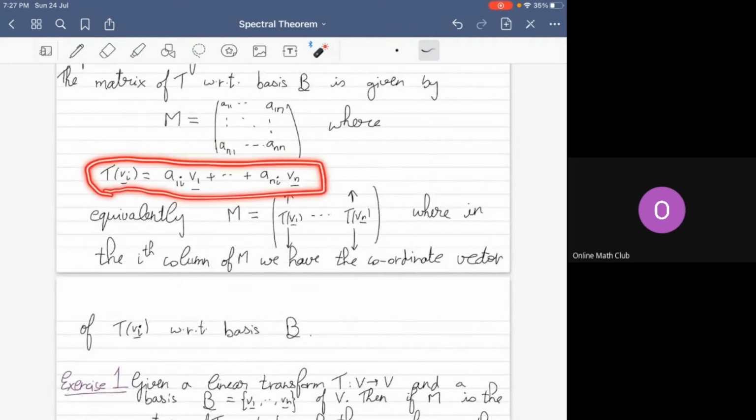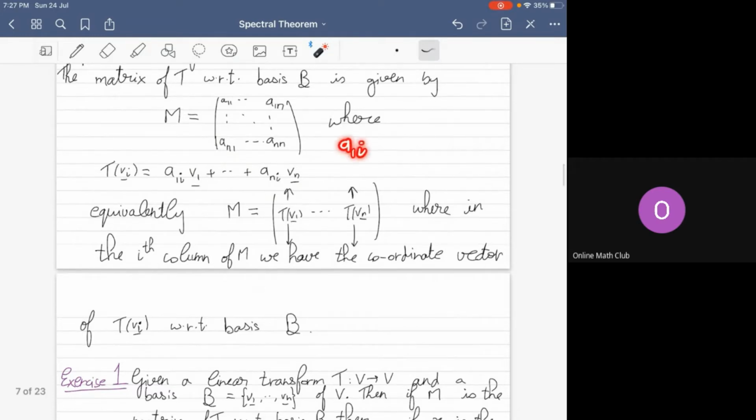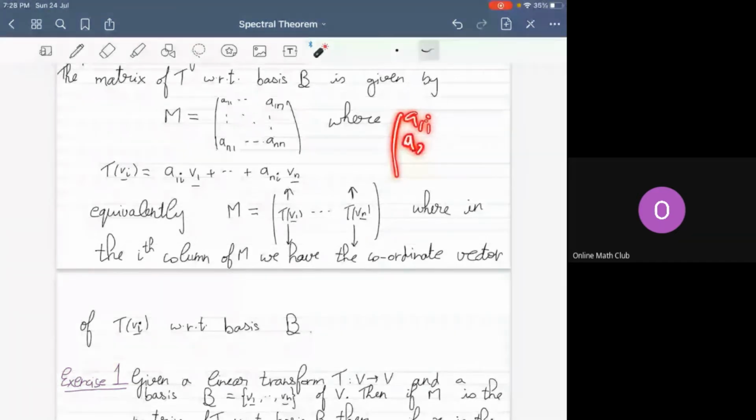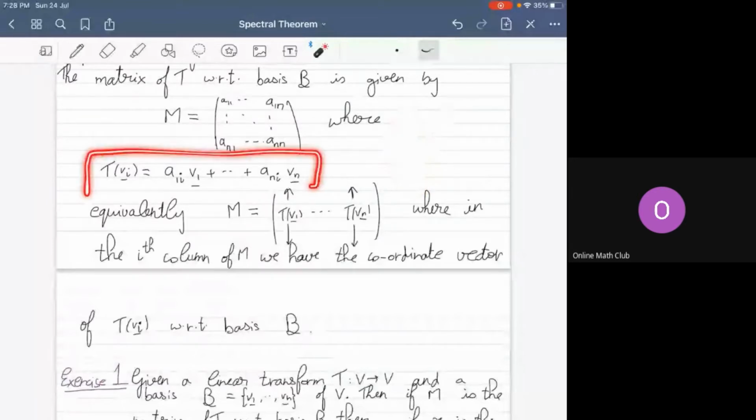That for each i, vi gets sent to the coordinate vector a1i, a2i, dot dot dot, ani. More precisely this. You'll see in a moment why we define this thing.